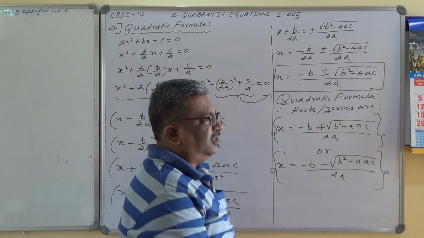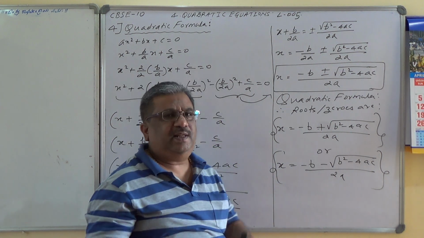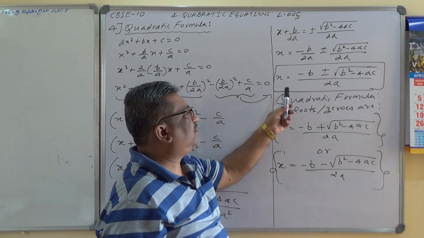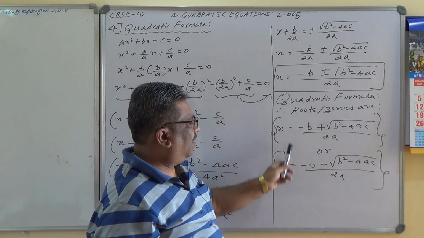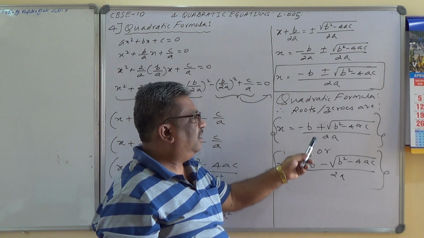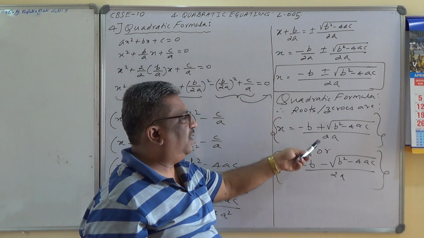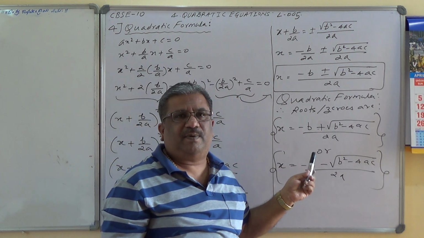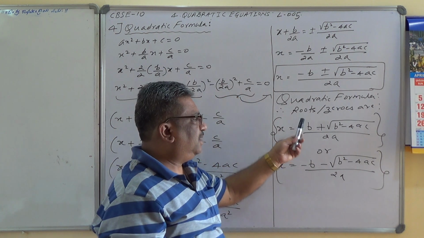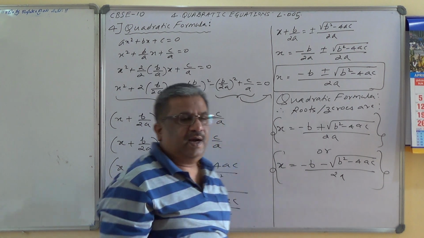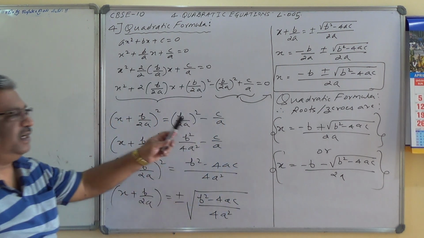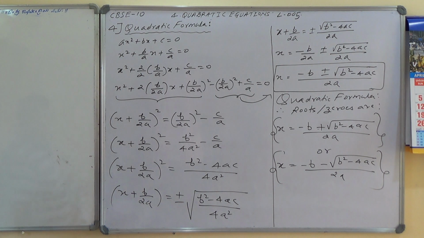Henceforth, for solving all the numericals, instead of splitting the middle term, I am going to use this formula. There are two values here; extract the values of a, b, c from the given equation, substitute and get the values. First note it down and then I will discuss once again the quadratic formula and its components.